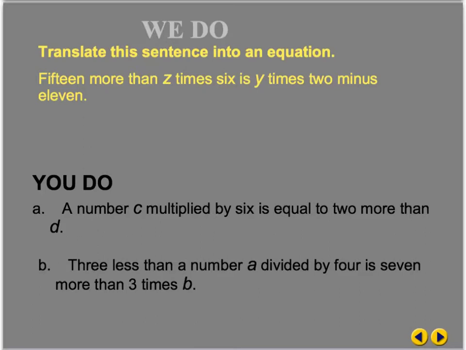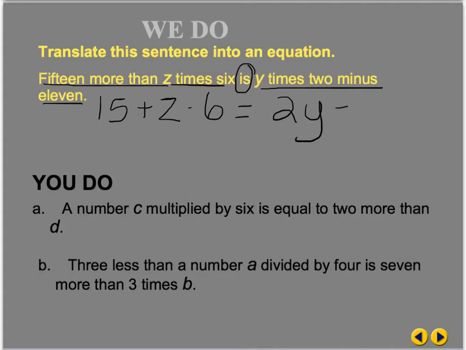Okay, let's try the next one together. Let's do it as I go. We have 15 more than z times 6. Let's break that apart: 15 more than z plus z times 6 is y times 2 minus 11. y times 2, so that's 2y minus 11.